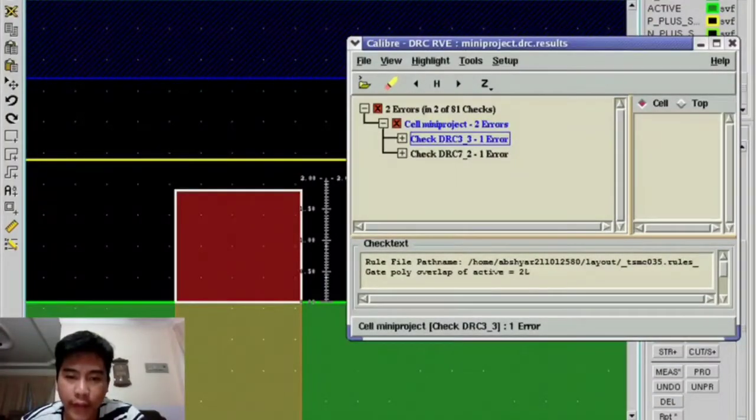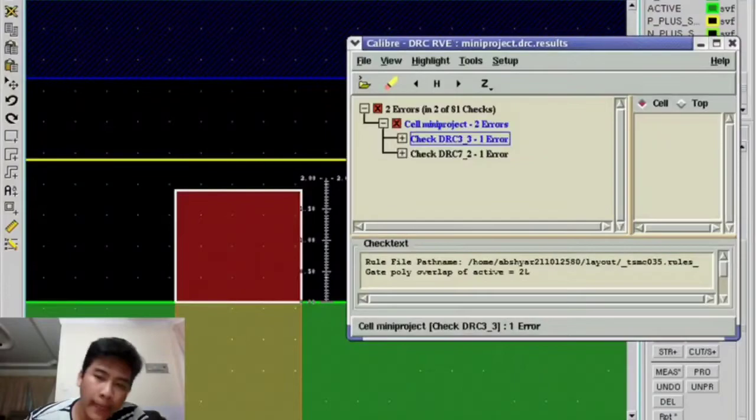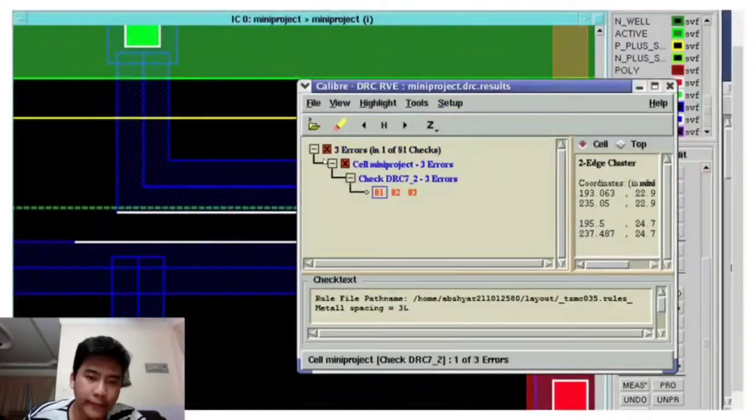The first error I got here is at the polysilicon. The polysilicon needs to be exactly 2 lambda. Here I got below 2, so the error is detected.